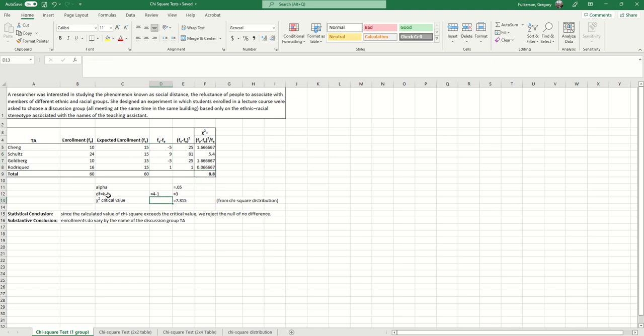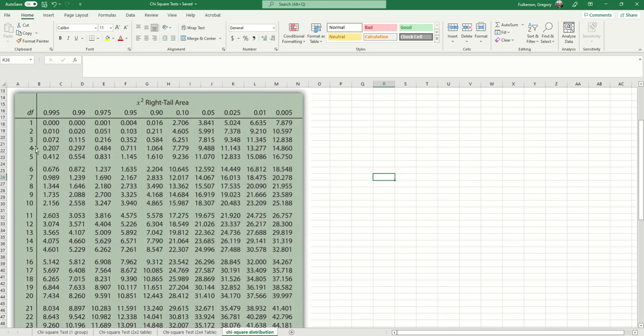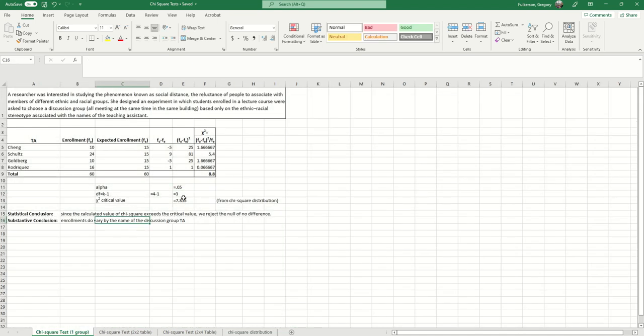And then you'll also have to adjust the degrees of freedom. Let's say you add a row here, so now your degrees of freedom will be 4. You'll have to go back to the chi-square table and, for instance, look at a 0.05 level, which would be 9.48 for 4 degrees of freedom. Okay, so you just have to adjust critical values and so forth.